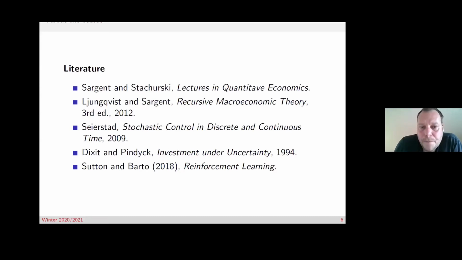The two Sargent books are both very well written. The Sciostat book on stochastic control is also worth a look, but again, it's very much focused only on stochastic control, not so much on dynamic optimization, and also not so much on reinforcement learning. And the book by Sutton, due to their computer science background, is very much focused on the implementation and programming side, and maybe not so much on the conceptual side.